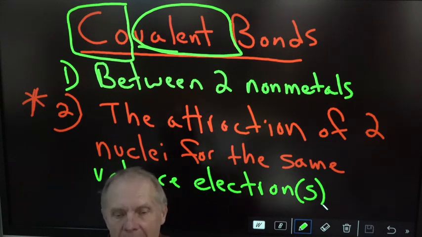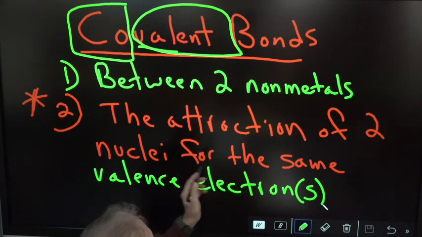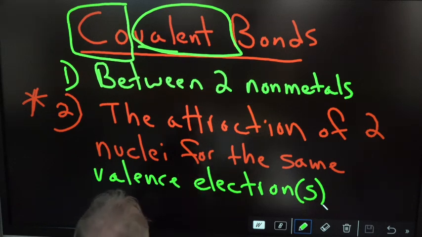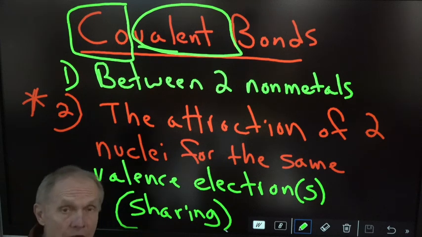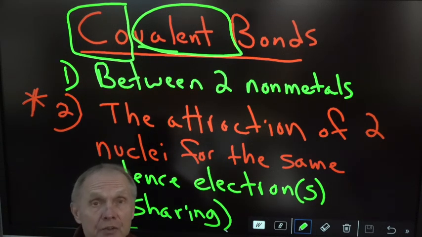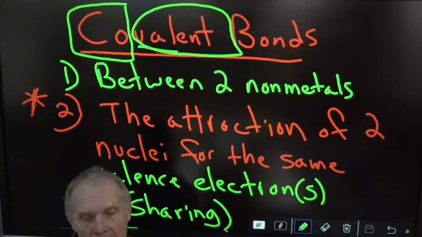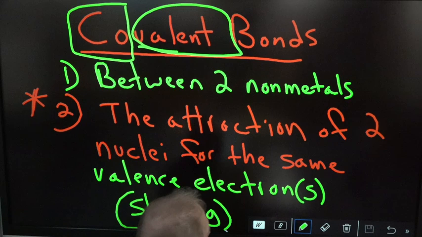Okay? That is what the definition is. And remember, it is sharing. So, covalent bonding, sharing of valence electrons between two nuclei. All right? All right, that's number 2. Number 3.